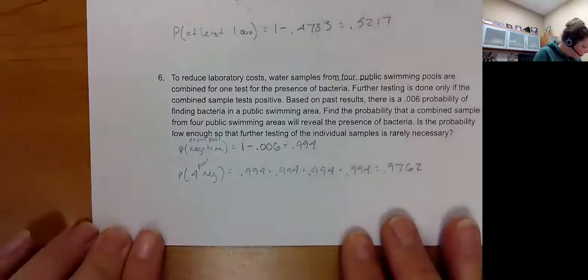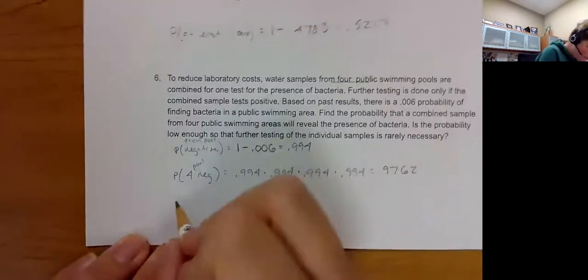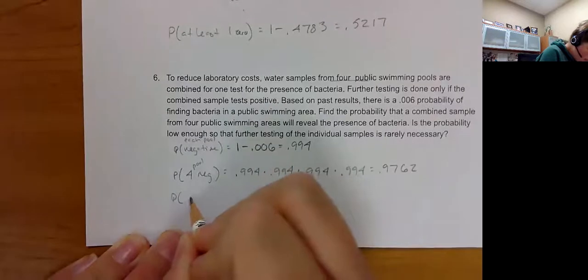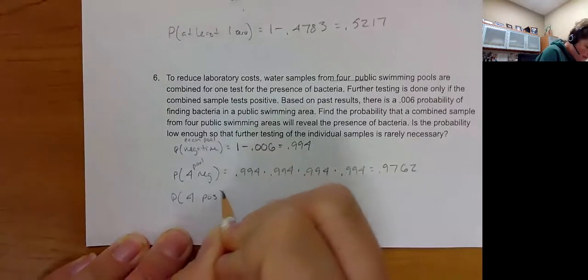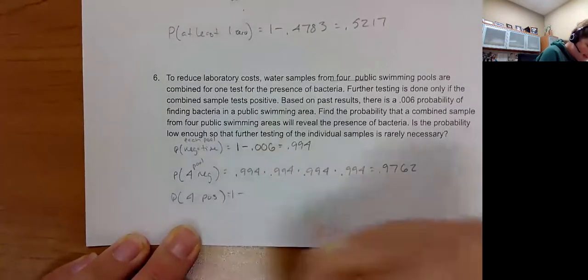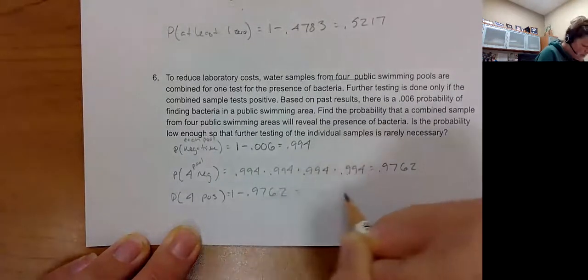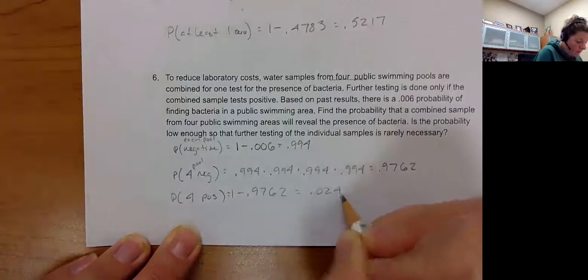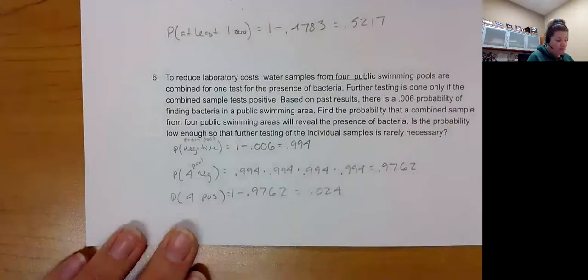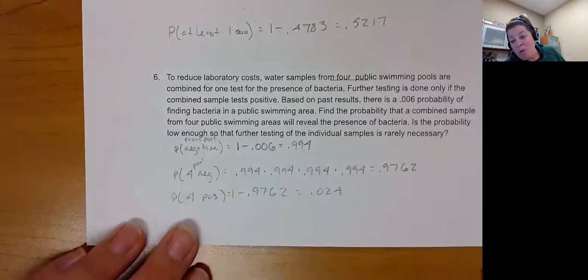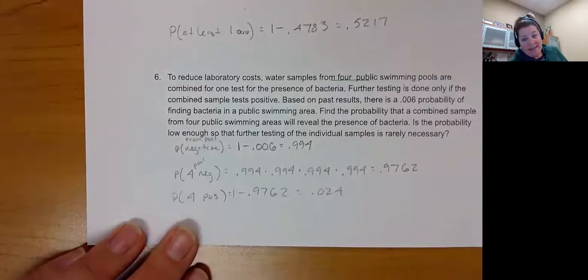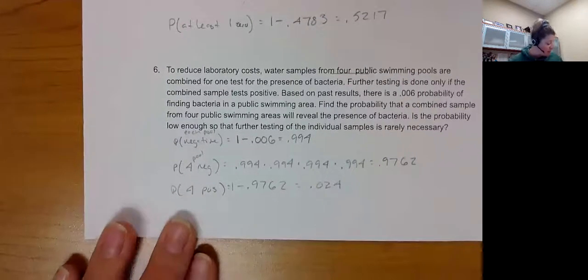So what is the probability of a positive in the 4? It's just going to be 1 minus 0.9762, which is going to give me 0.024. So there's about a 2.4% chance that you will have a positive test result.